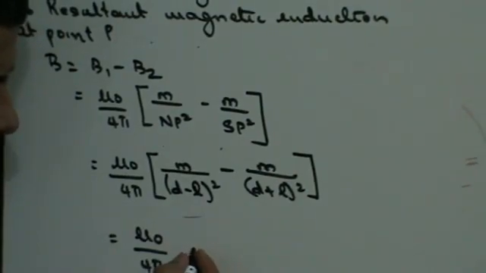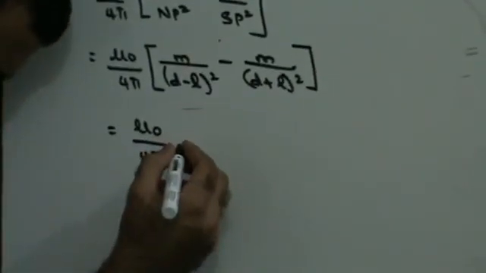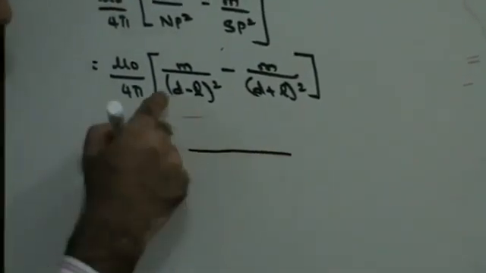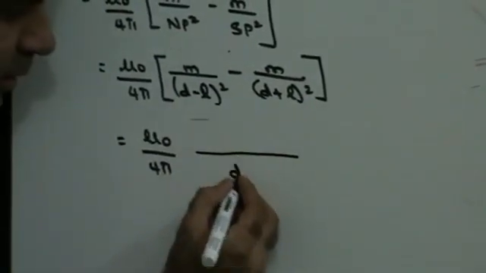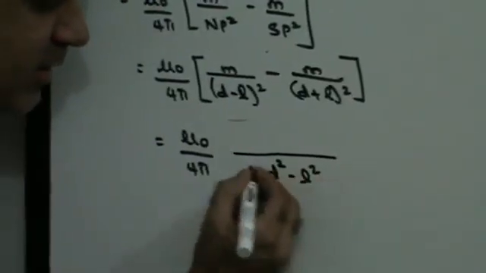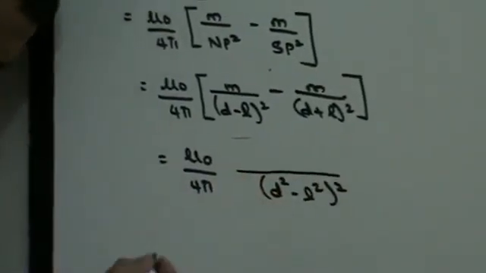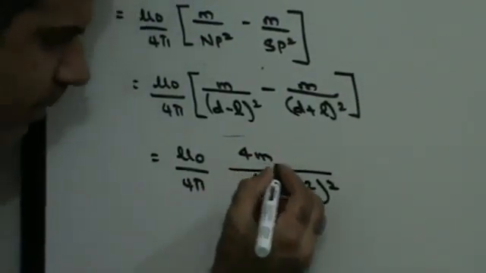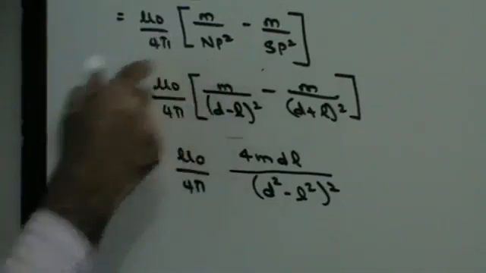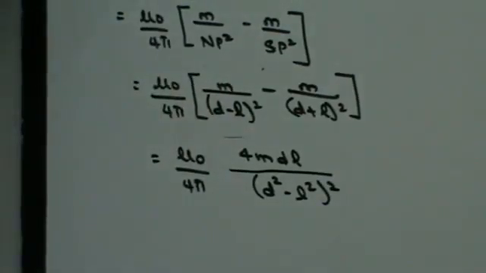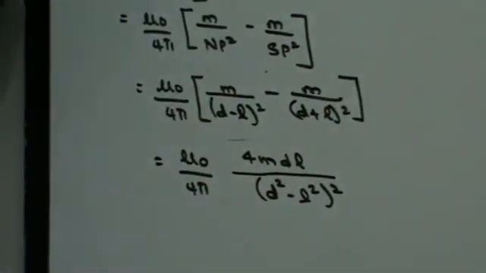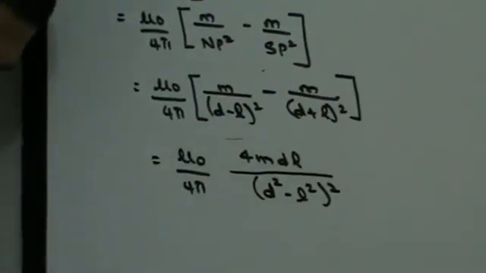If you solve this, in the denominator, this is a minus b, a plus b, so a square minus b square the whole square, and in the numerator you will get 4mdl. Taking the LCM, d plus l the whole square and d minus l the whole square, when you expand, this is what you will get.